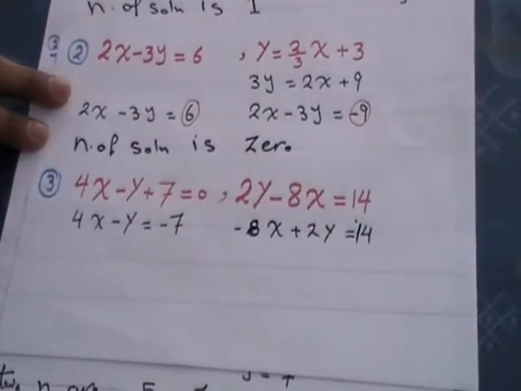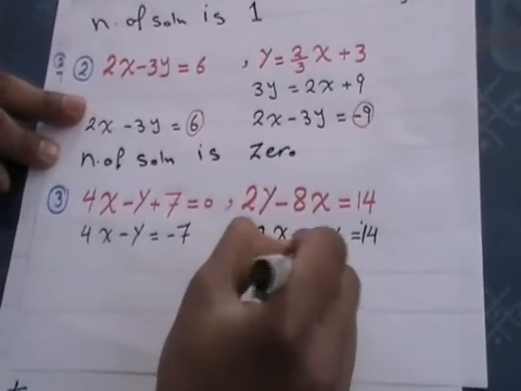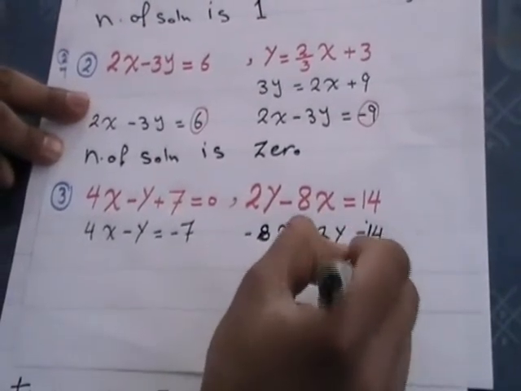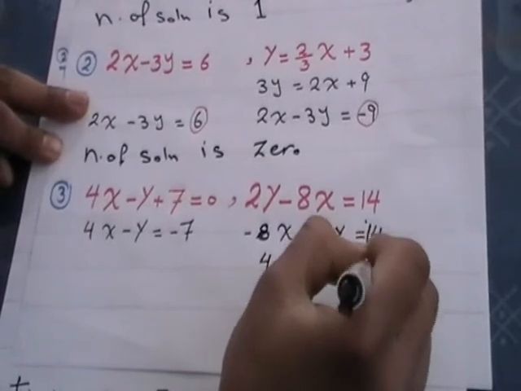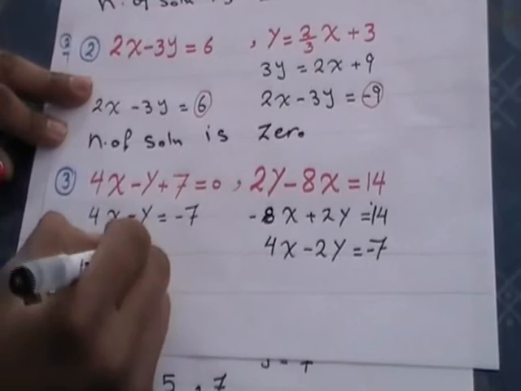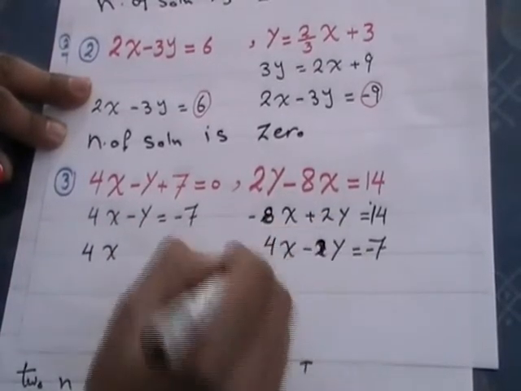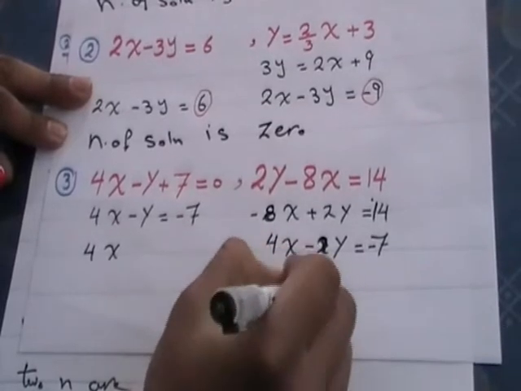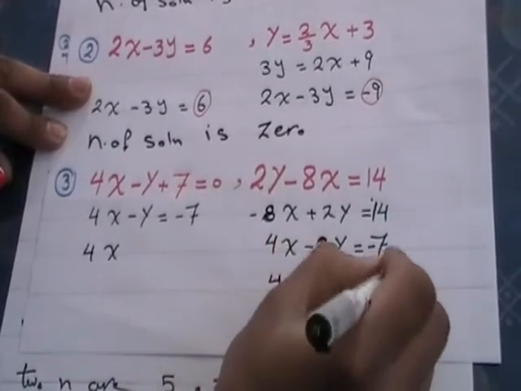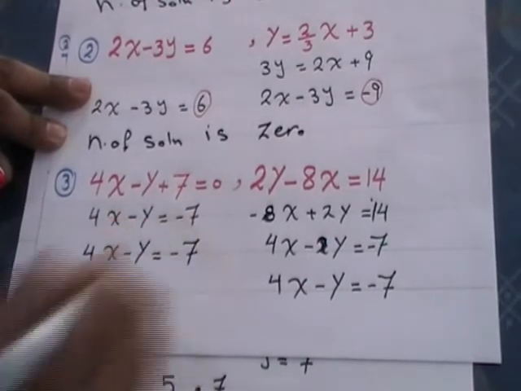If you divide the second equation by negative 2, you will get 4x minus y equals negative 7. And here I have 4x minus y equals negative 7.